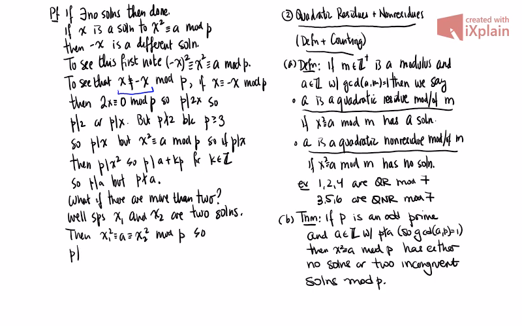So that says that p divides x1 squared minus x2 squared, if you delete the a from the middle and subtract. Right? So this tells us that p divides x1 minus x2 times x1 plus x2. So it divides one of those, because when a prime divides a product, it divides one.